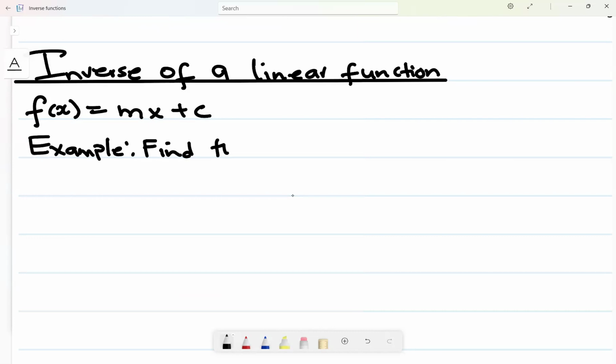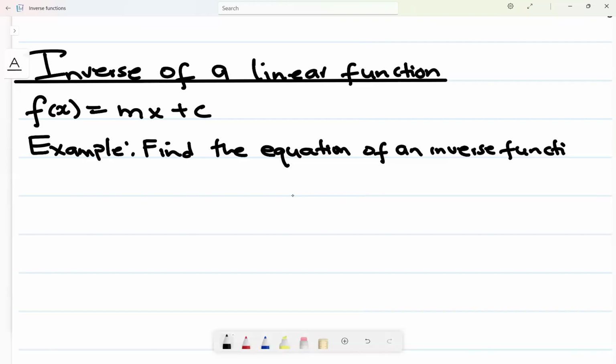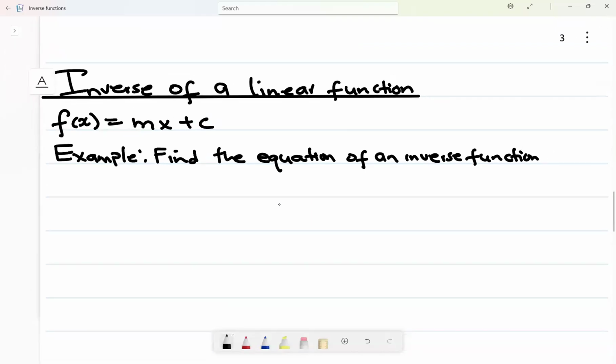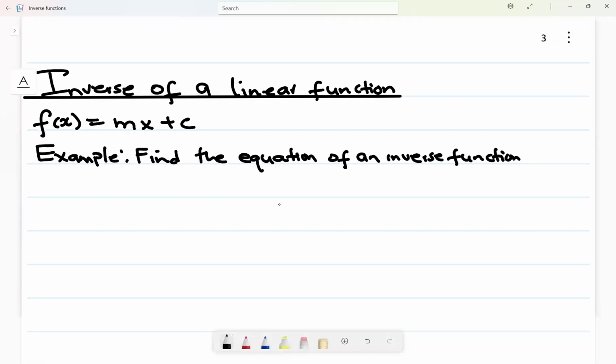Find the equation of an inverse function and draw the two graphs.